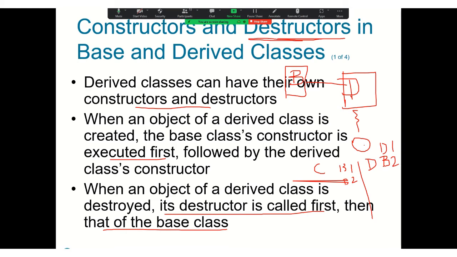It has to be done explicitly if there is any dynamic allocation of memory. So that's why, by design of the C++ compiler, the derived class destructor is executed first, then comes the base class's destructor.